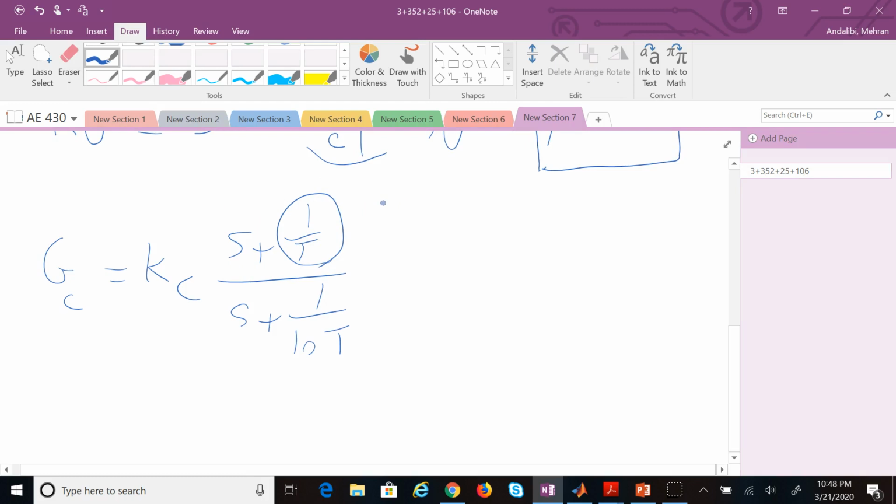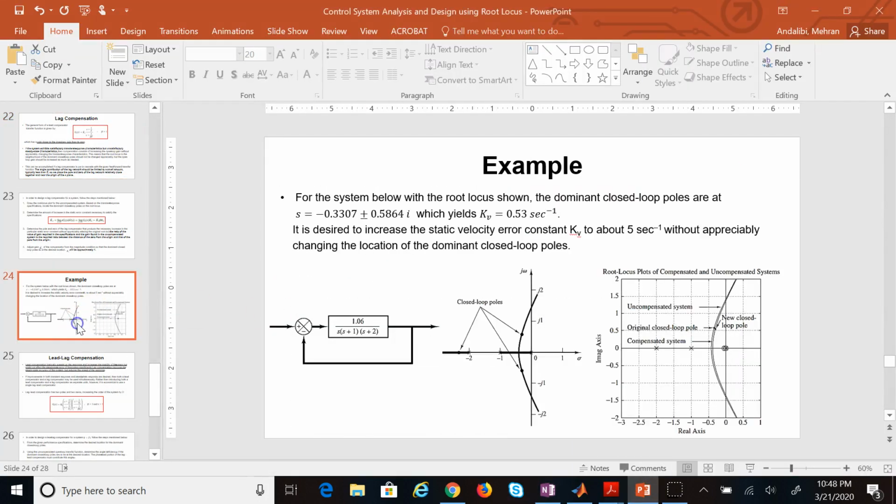You can choose any number you want, but I make sure this is small. And when I say small, what do I really mean by small? That is determined kind of by the root locus of the system. If you look at the root locus of the system, the branching point here is somewhere between 0 and 1. It's actually -1.